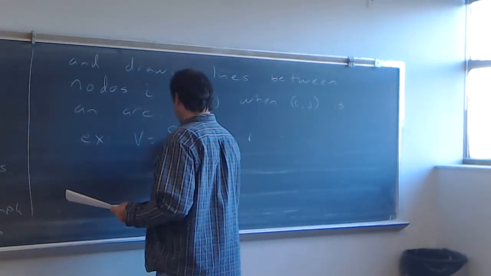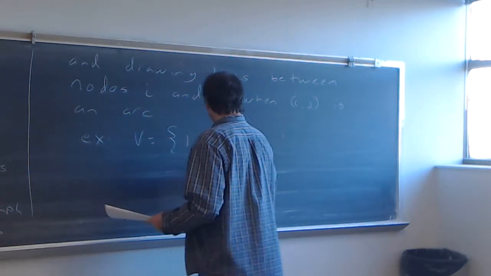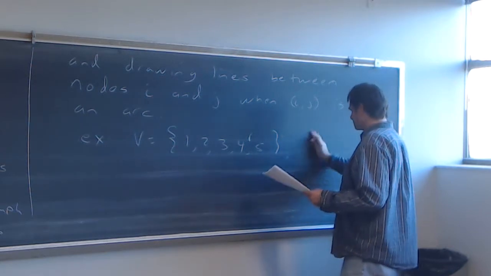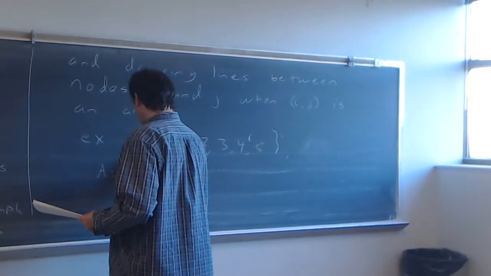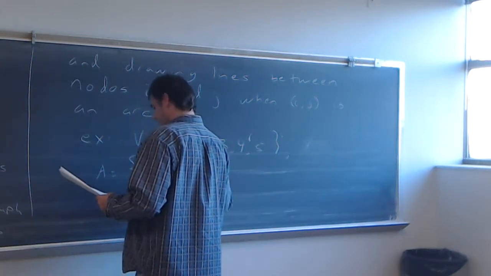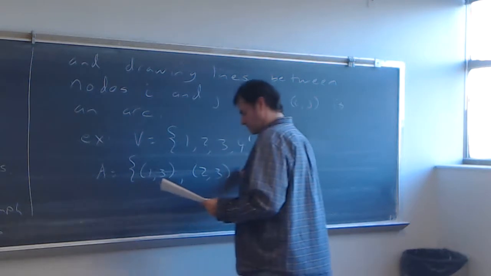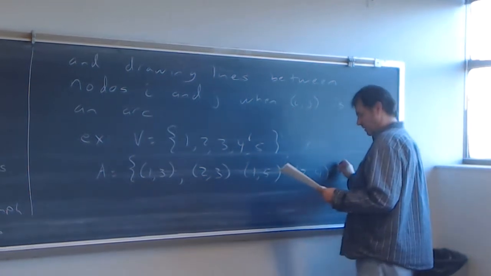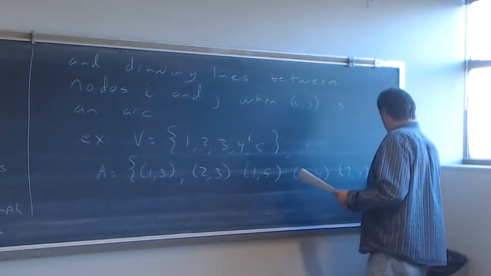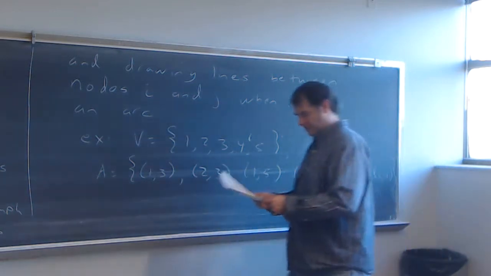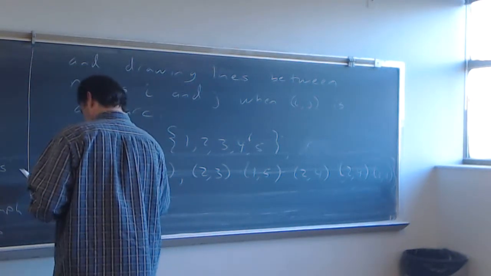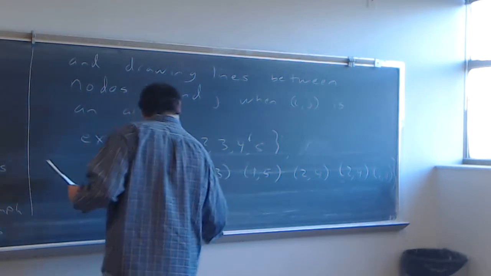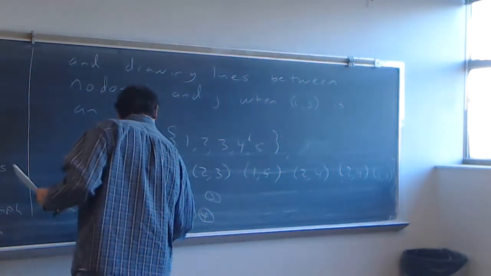So here, if I have V is equal to the set of nodes 1, 2, 3, 4, 5, and A is equal to the set of pairs, so let's say 1 to 3, 2 to 3, 1 to 5, 2 to 4, and 2 to 4, and again 1 to 1. Okay. Then here's where we can draw this. So here's 1, 2, 3, 4, 5.